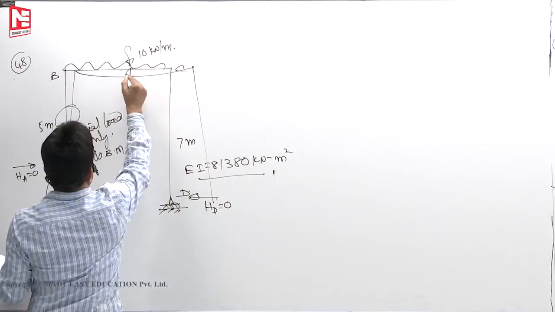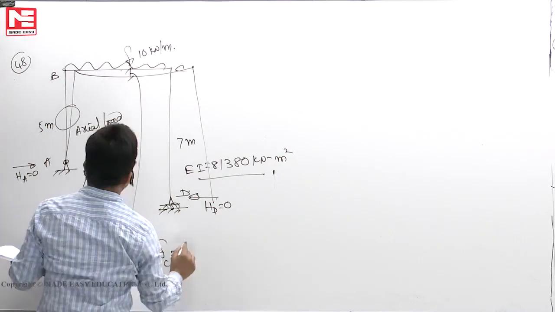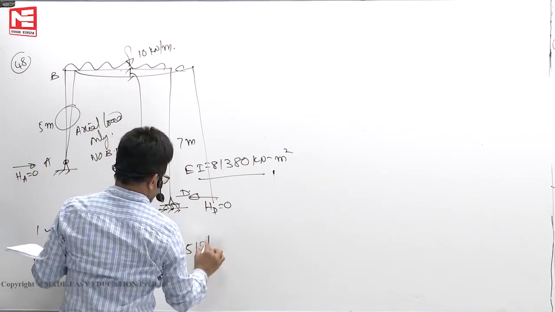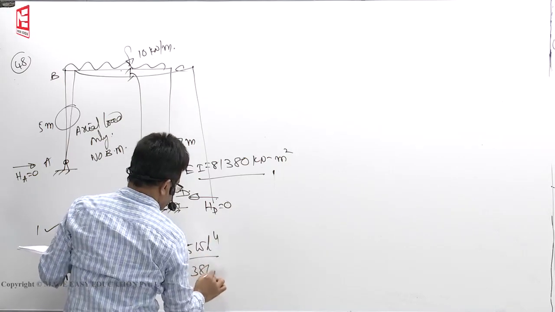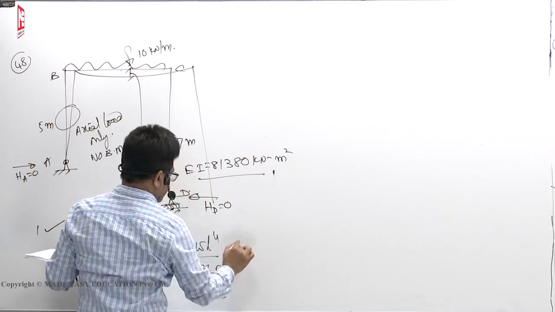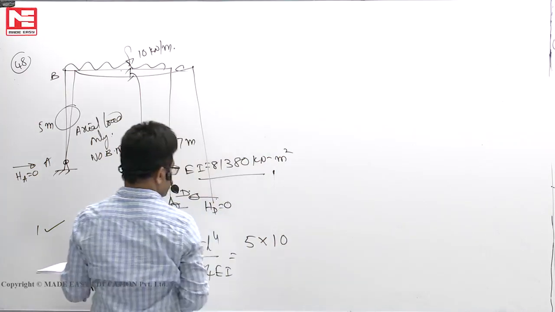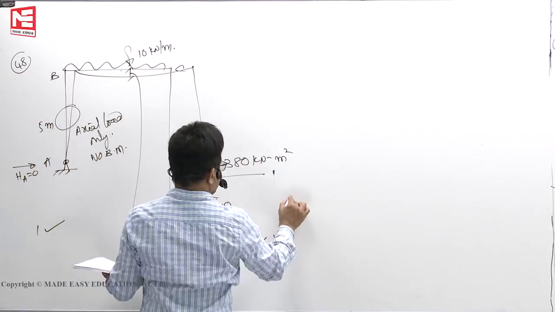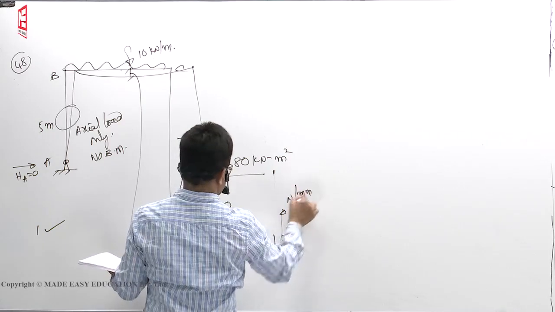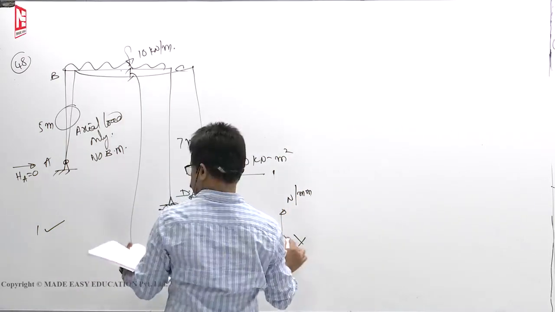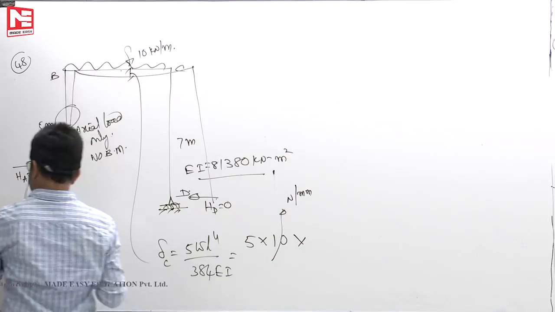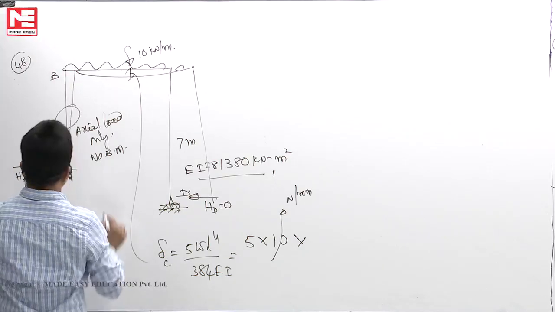Right? This deflection we calculated in the class. What is that? Simply supported beam, 5 WL to the power of 4 by 384 EI. 5 into W. 10 kilonewtons per meter means 10 Newton per mm. I am taking newtons per mm. Length, what is the length of the beam? 5 meters.